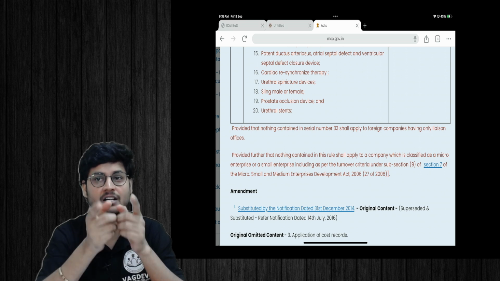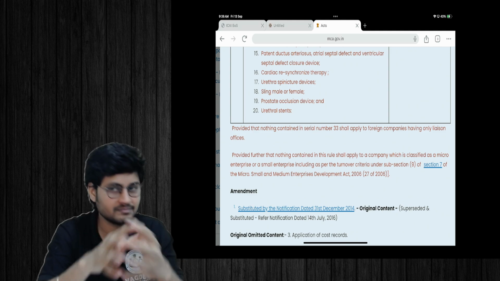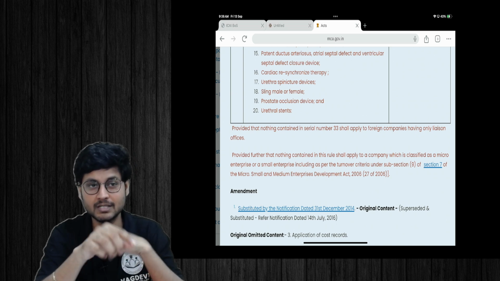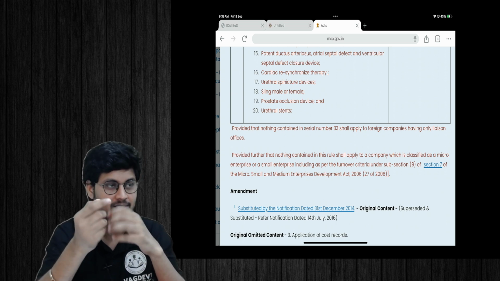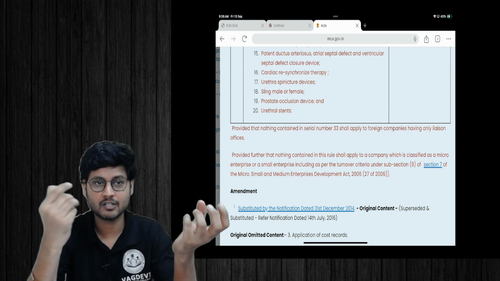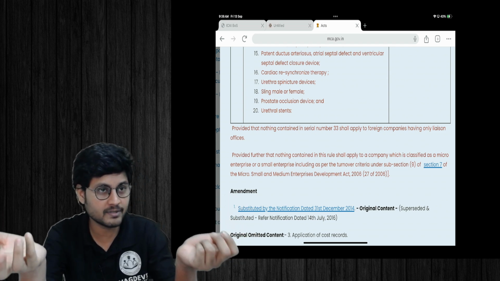Those companies which are covered under rule number 3, that is 148 subsection number 1, may be applicable for cost audit based on the turnover limits. Turnovers are divided into two parts: regulated sector and non-regulated. Regulated is table A, non-regulated is table B.